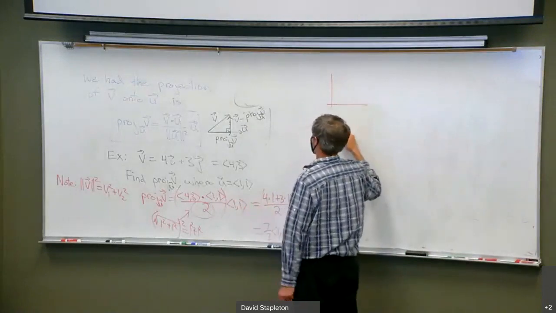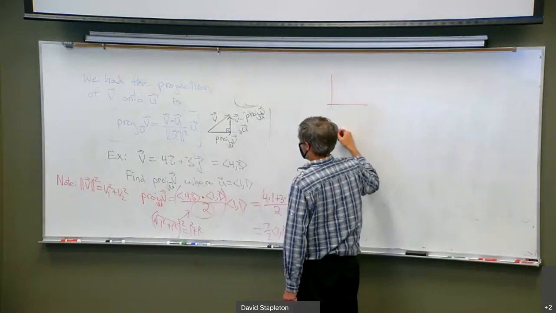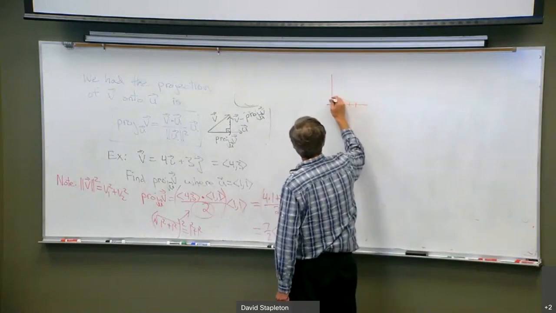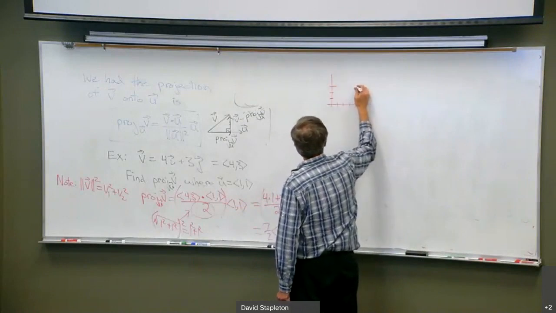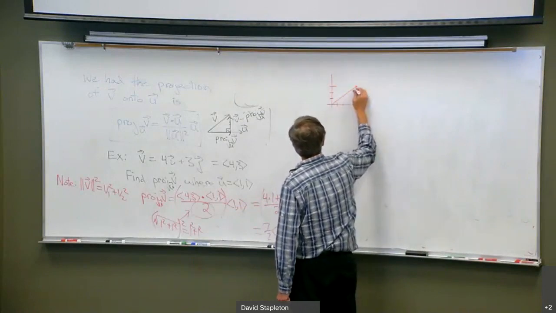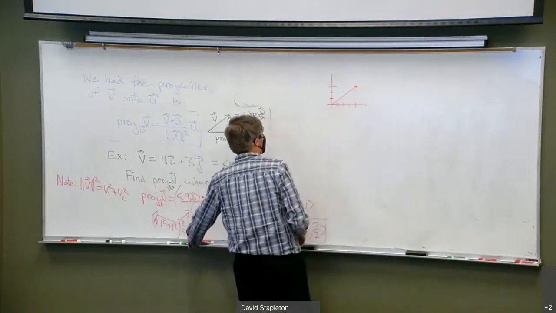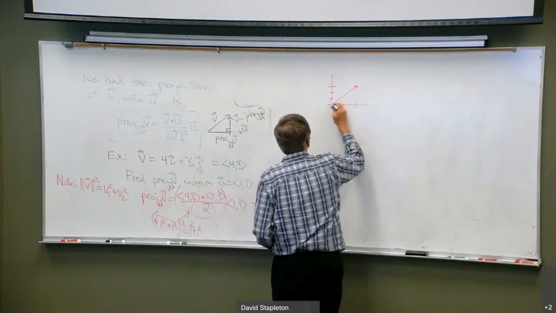Then their endpoint is the same as their components. So I've got the vector 4, 3, this one right here, V. And I'm going to project it onto this close-by vector with components 1, 1, but it's much shorter. There's U.